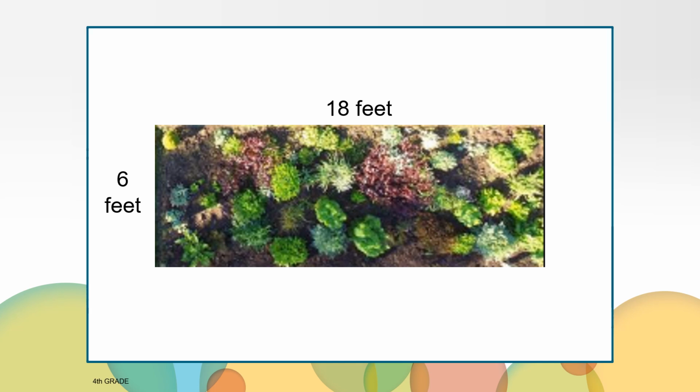A gardener wants to build a box around this garden. To do this, we need to determine the perimeter. What do you notice about the dimensions or measurements of this rectangular garden?